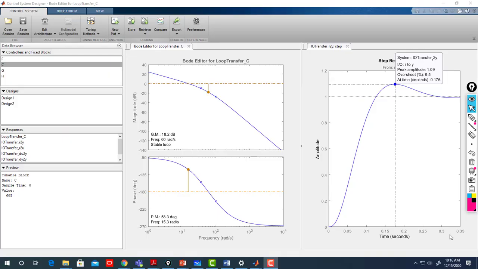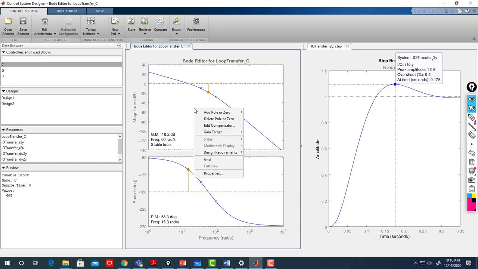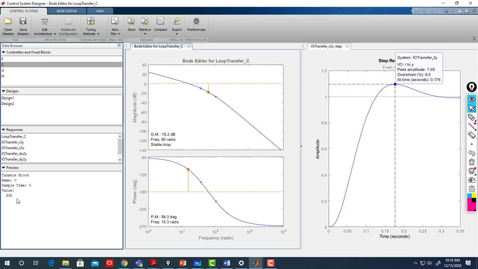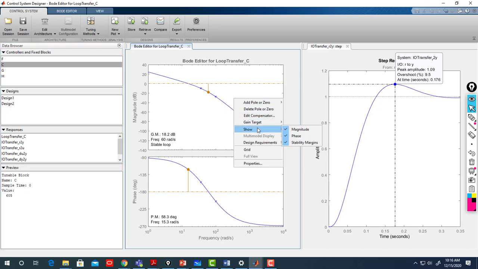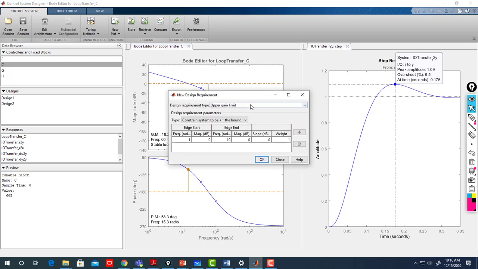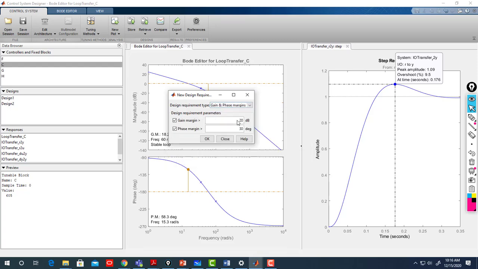Also, I want to point out, you can use the design requirement as we did in root locus. Here I have a gain of 605, which corresponds to 9.5. But anyway, what are my design requirements? You can go to the design requirement menu. You have upper gain limit, lower gain limit, gain and phase margin.